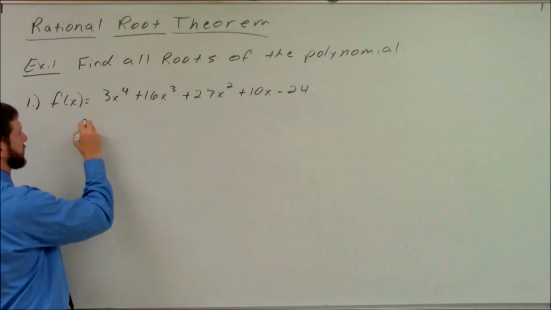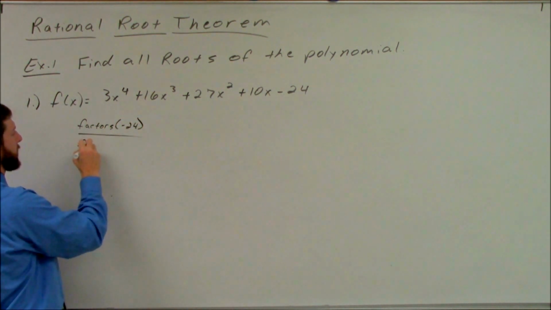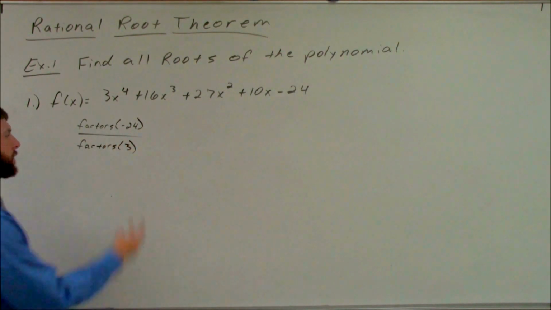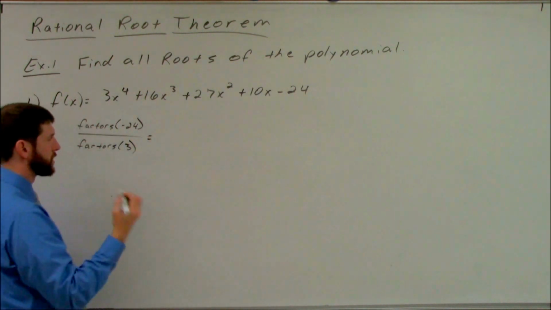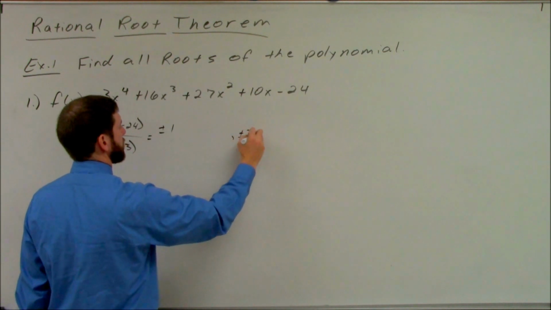So we're going to do the factors of -24 divided by the factors of our leading coefficient, 3. Rational root theorem: factors of the constant divided by factors of the leading coefficient. So let's go through. We've got 1 and 24.